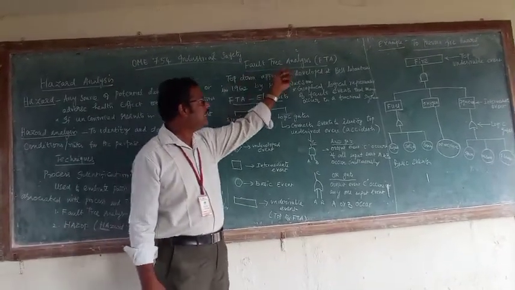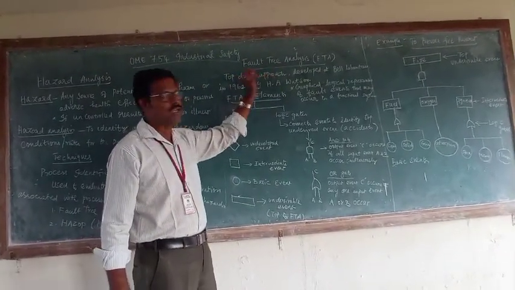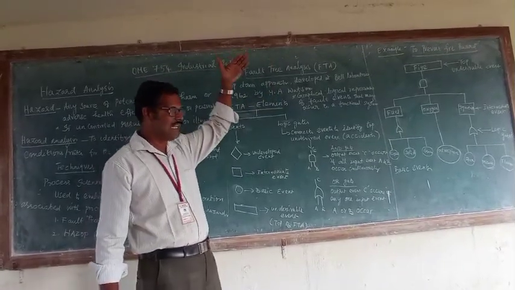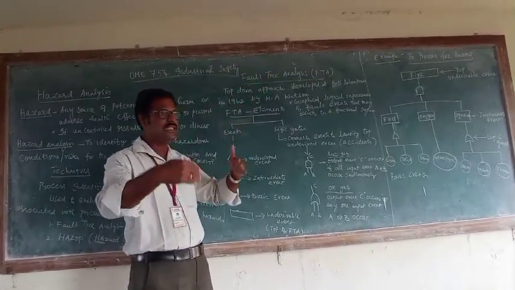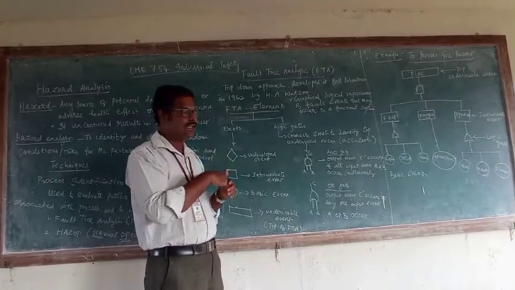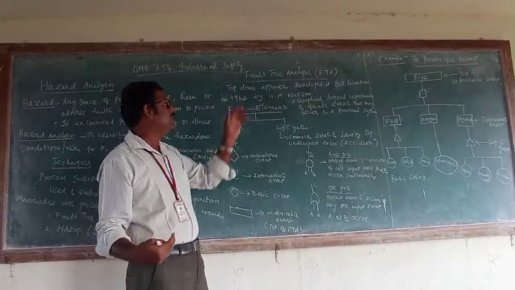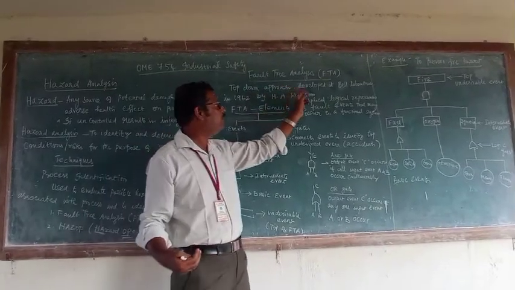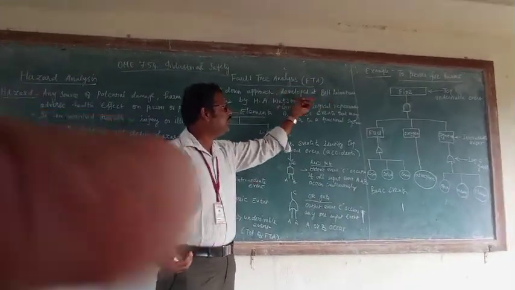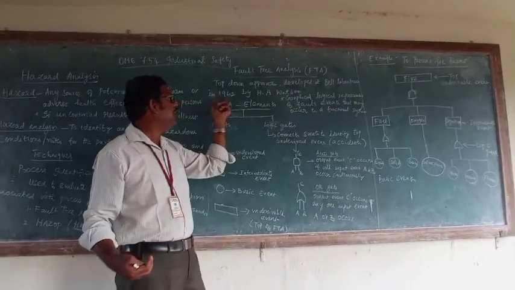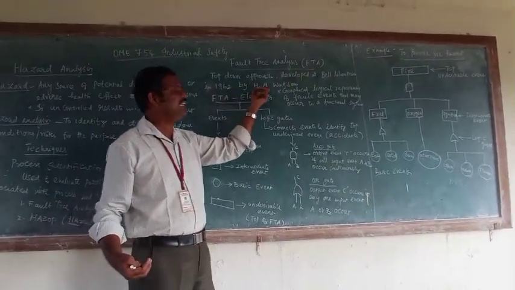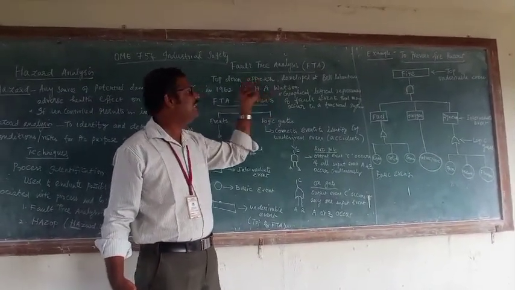Fault tree analysis is a top down approach. Top down approach means it starts from the top, and from the undesired or top level event we segregate the basic events. It was developed by Bell Laboratories in 1962 by H.A. Watson, an engineer.